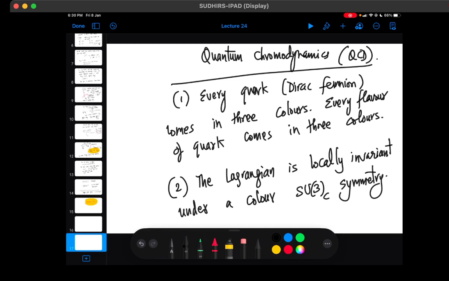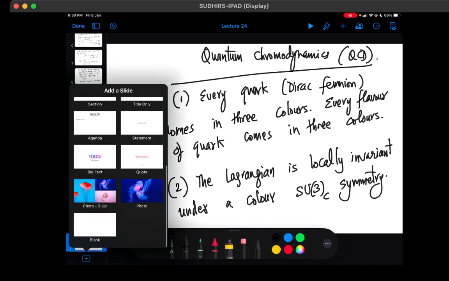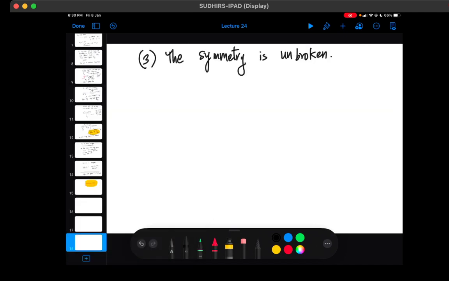The symmetry is unbroken. The color is always conserved.